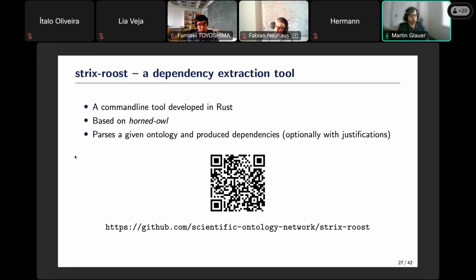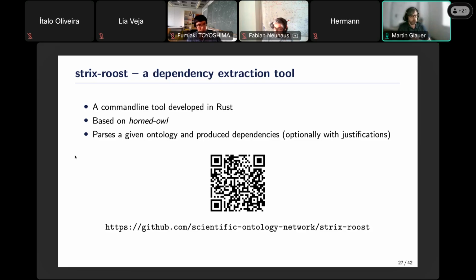You can also, if you want, get justifications for those dependencies, which are the axioms that led to a given dependency. It also produces a trail of axioms that led to this dependency. And as are all our tools, this is developed in an open source fashion on GitHub. The QR code leads there, and you can look at it and use it freely.